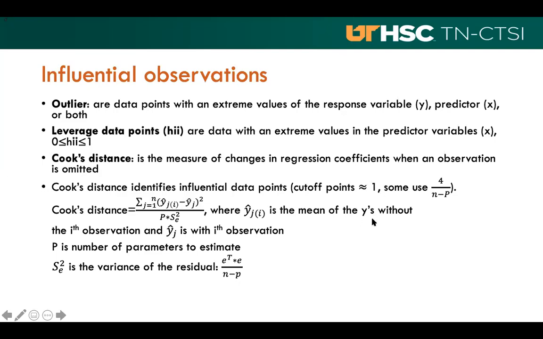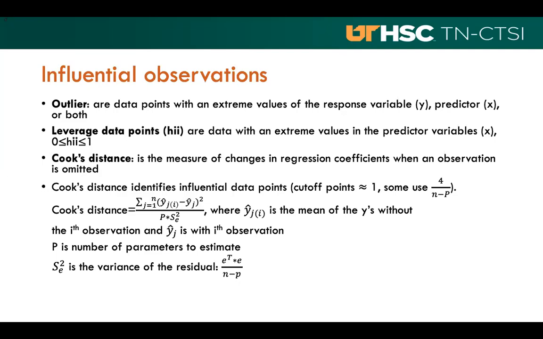Some take the cutoff point of 1, others use 4 divided by the sample size minus the number of parameters that are estimated. For example, if we are looking at the association between the height of a given patient and the systolic blood pressure, we are looking at 2 continuous variables.